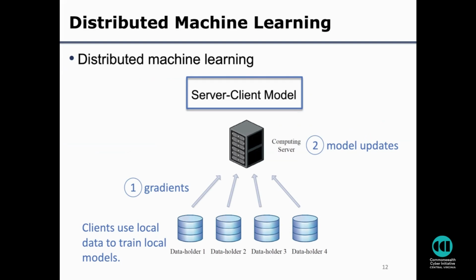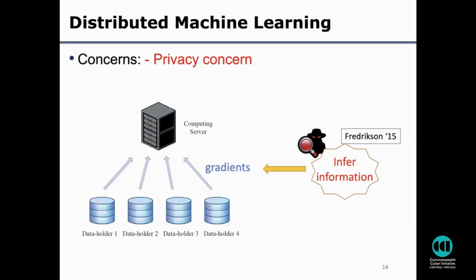Generally, each data holder, or client, computes a local gradient and transmits it to a central server. The central server aggregates these local gradients to update the global machine learning model. However, there are still some concerns regarding the server-client model.